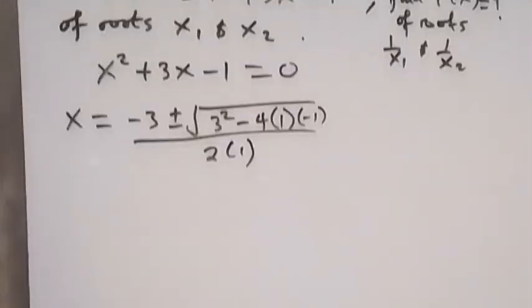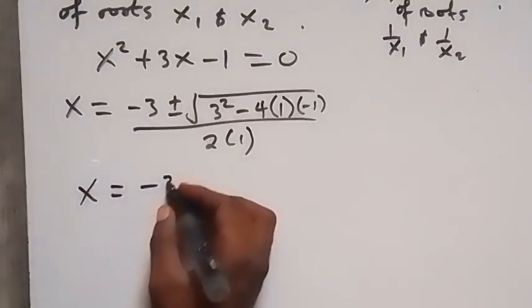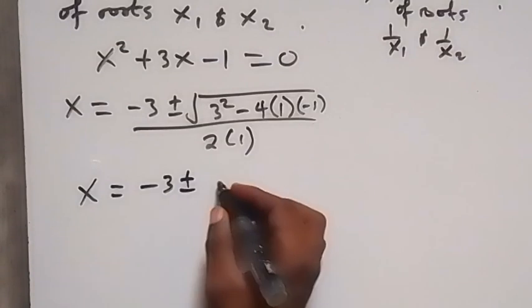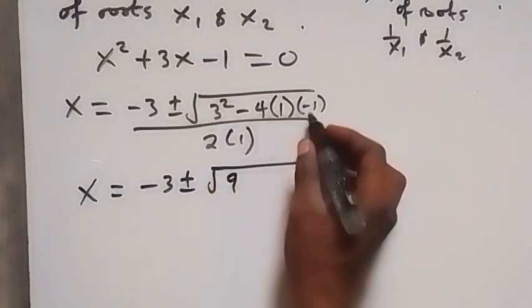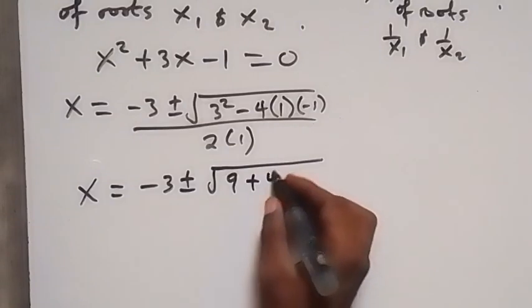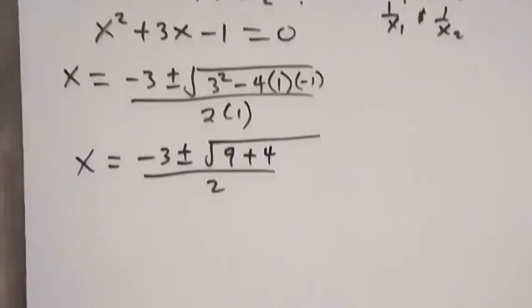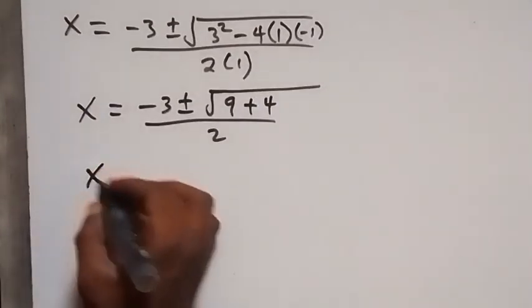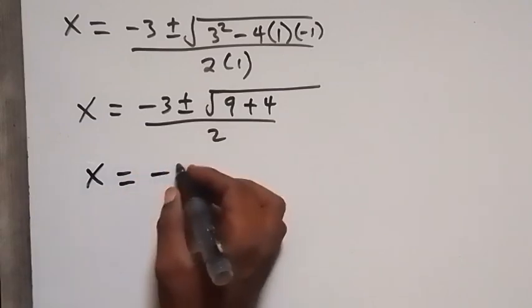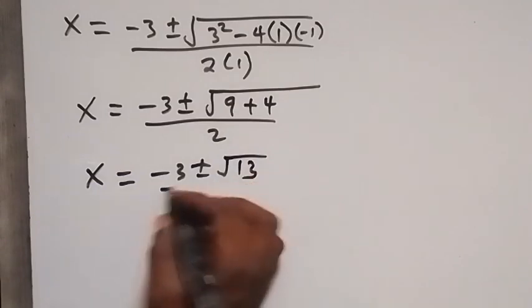And by the time we solve this, x will then be equal to minus 3 plus or minus the square root of 3 squared, we have 9, then minus times minus, that's plus 4, over 2. 9 plus 4, that's 13. So this gives us x equals minus 3 plus or minus root 13 over 2.